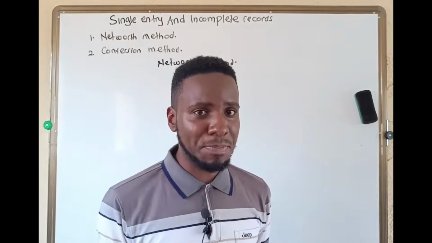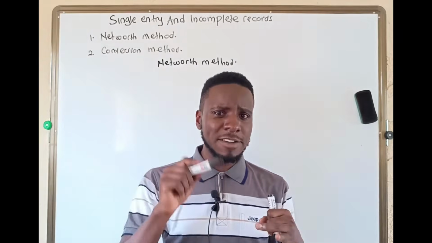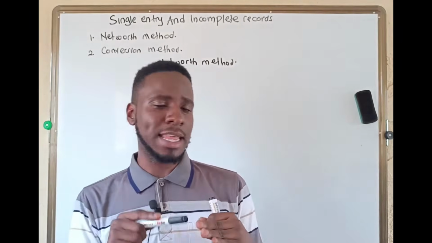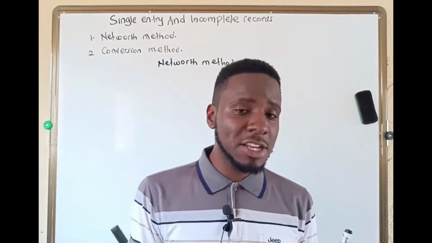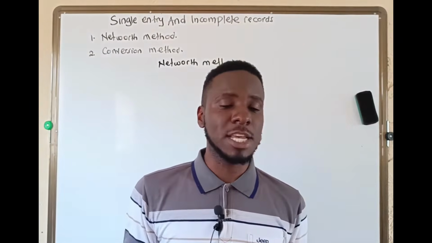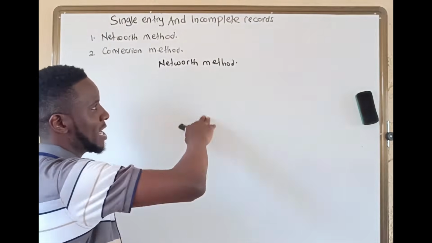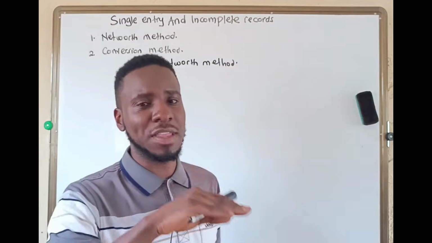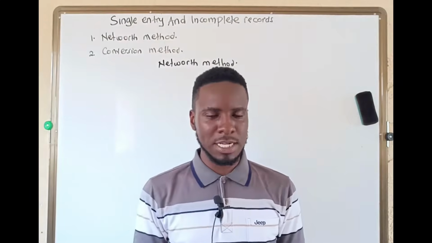Remember, when we are preparing the final accounts, we said you must have the net sales, the cost of sales, the expenses, and the incomes. But you're going to find out that the information I've given you is not enough for you to prepare the final accounts. It means you are going to come up with a net worth method. Now, the net worth method is all about the comparison of the capital: the opening capital and the closing capital.